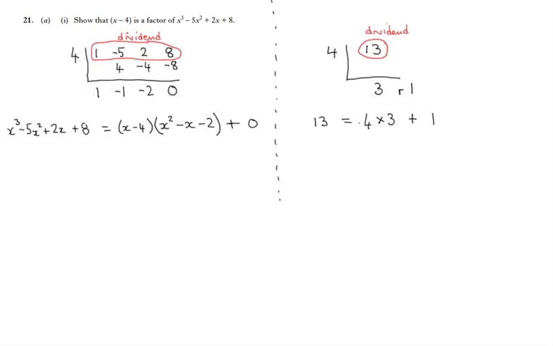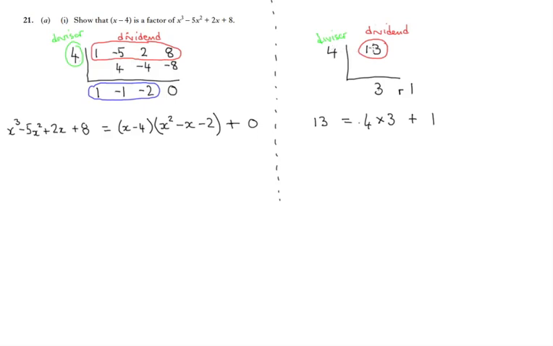And then we have the divisor. So in this case it's x minus 4. That's what this 4 stands for here. That's the thing you're dividing by. And then we have the quotient. How many times does x minus 4 go into this polynomial?